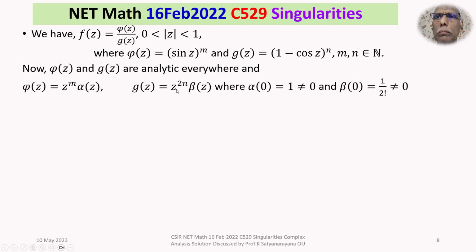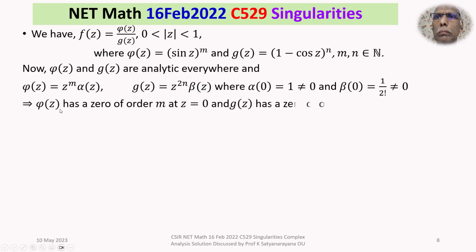And g of z is equal to z to the power of 2n into beta z, where beta 0 not equal to 0 will tell you that z is equal to 0 is a 0 of order 2n for this function g of z. So this will imply phi of z has a 0 of order m at z is equal to 0, and this g of z has a 0 of order 2n at z is equal to 0.